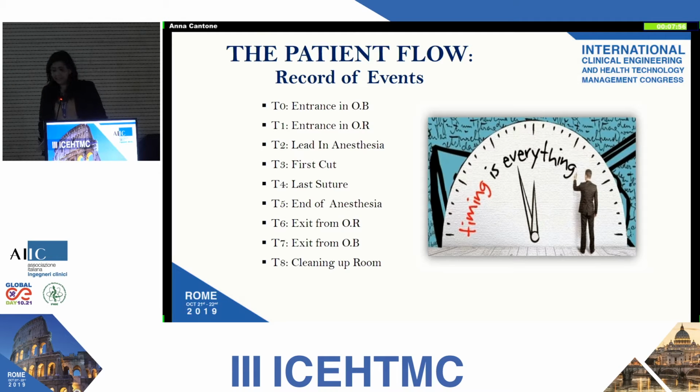An event is the time at which a punctual activity starts. And so I divided the patient flow into 8 events: the entrance in the operation block, the entrance of the patient in the operation room, the lead in of anesthesia, the first cut, the last suture, the end of anesthesia, the exit from the operation room, and the exit from the operation block, the clinic prep room.